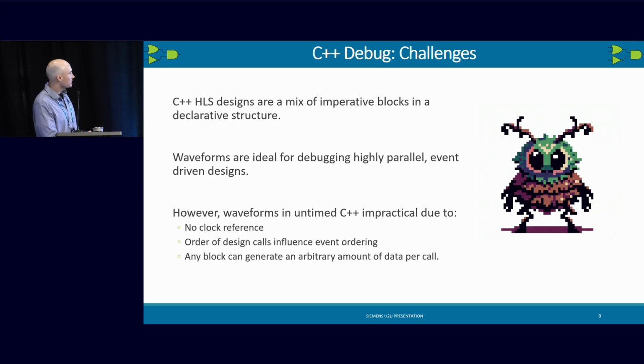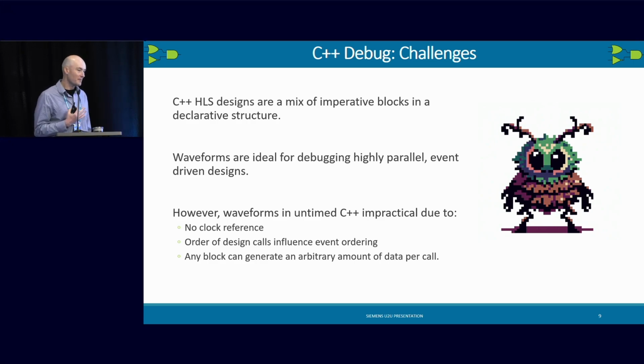But the challenge here is that in Untimed C++, waveforms are very impractical because there's no clock reference in Untimed C, the order of design calls can influence what happens, and any block can generate an arbitrary amount of data per call.